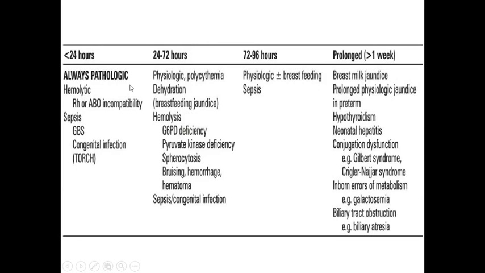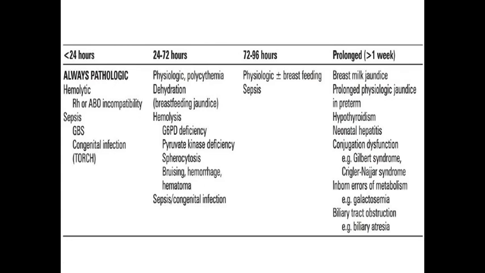Now for pathological jaundice, here are the causes. If it develops within the first 24 hours, it is mostly due to an incompatibility of ABO or RH blood groups between the mother and the baby. This occurs most of the time in RH positive babies born to RH negative mothers.